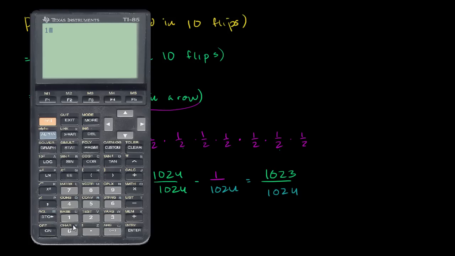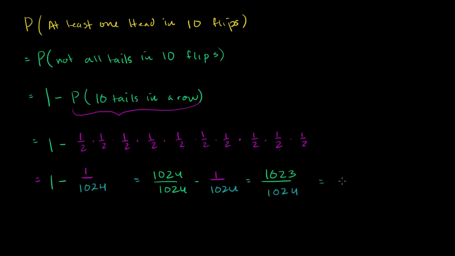So if we have 1023 divided by 1024, that gives us, you have a 99.9% chance that you're going to have at least one heads. If we round, this is equal to 99.9% chance. I rounded a little bit. It's actually slightly higher than that.